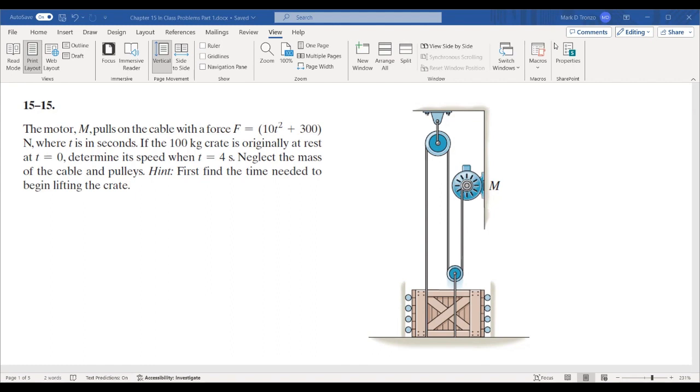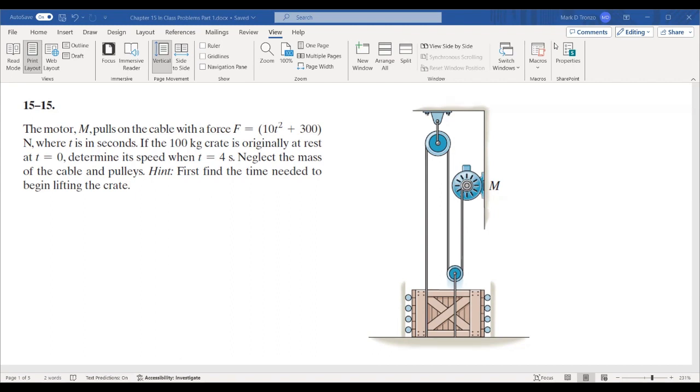In other words, on these problems where we're lifting stuff off the ground or pulling stuff, we have to be sure that we don't assume motion has begun before we actually overcome friction or overcome the weight of the object.